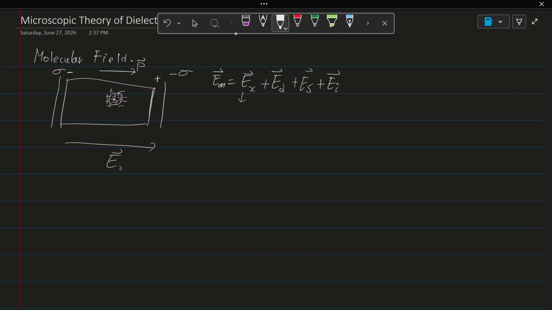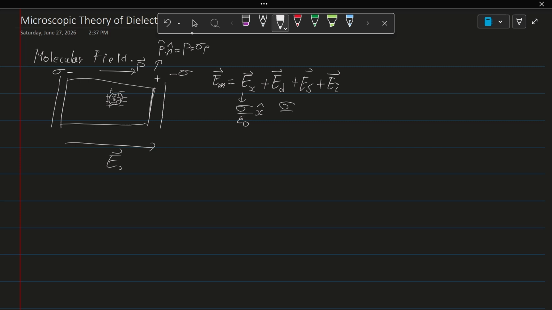So the EX vector is the one from the outside, and you would know that this E vector, from only these two capacitive plates, is going to be sigma over epsilon 0. This is something that's very well known. For the ED vector, first of all, the direction of the previous one goes in the positive x direction. For the ED vector, the sigma in here will be P dot n hat, or in here, just P. So that's the sigma from the polarization.